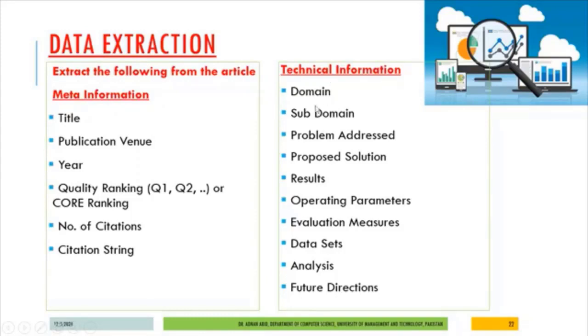I emphasize here that we need to know the domain and subdomain of the articles. This actually helps us in defining or categorizing the research that we have selected. For instance, we have selected 70 articles. So what was the domain? In the case of use of IoT in agriculture, we will not say that IoT is the domain and agriculture is the subdomain. That is already reflected in the title, and we have already found articles based on that. So which domain of agriculture does it focus on? For example, cattle farming.